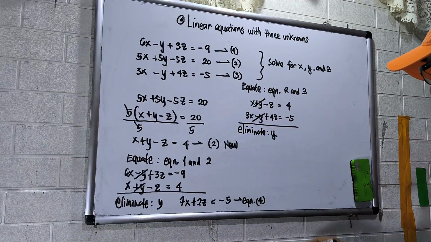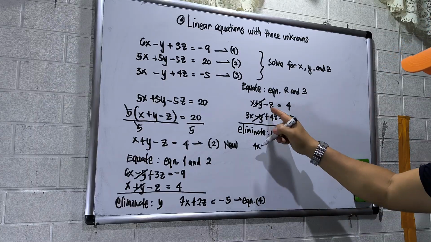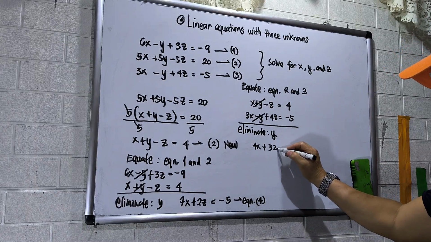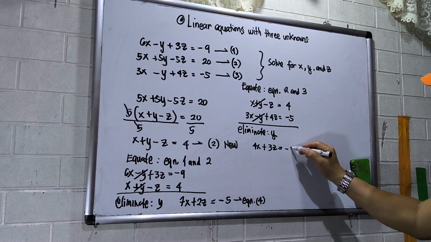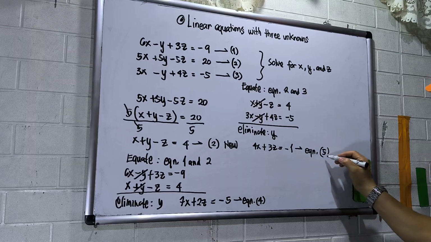So negative y plus y, that will be 0. So x plus 3x, that will be 4x. Then negative z plus 4z, that will be 3z, equal to 4 minus 5, that will be negative 1. So this is now my equation 5.